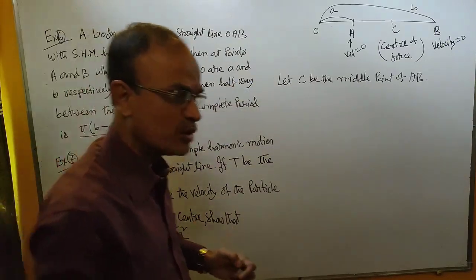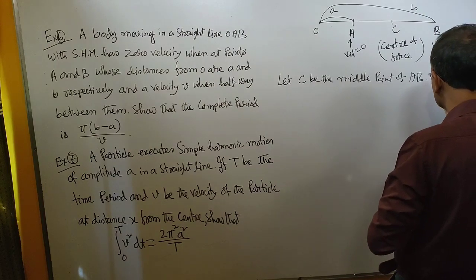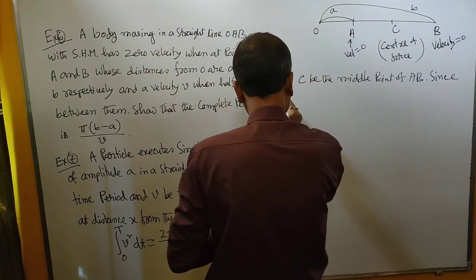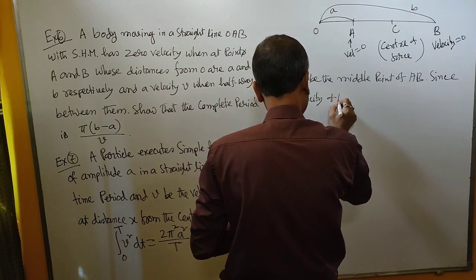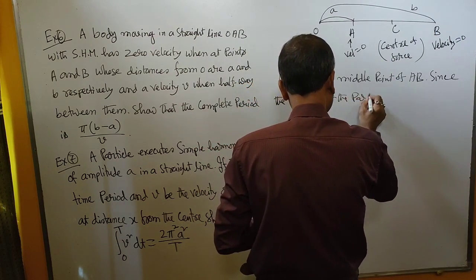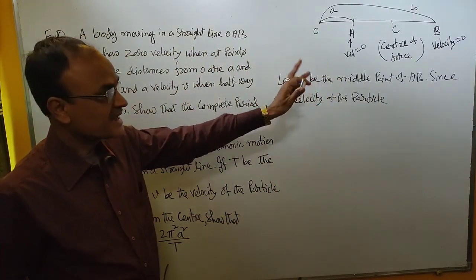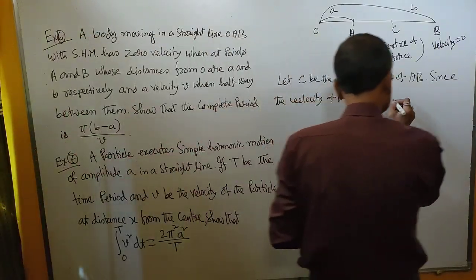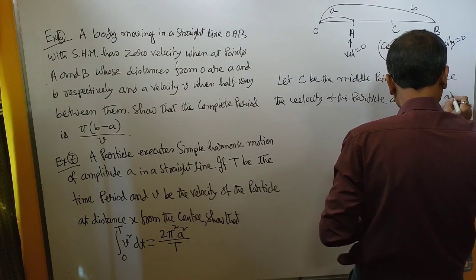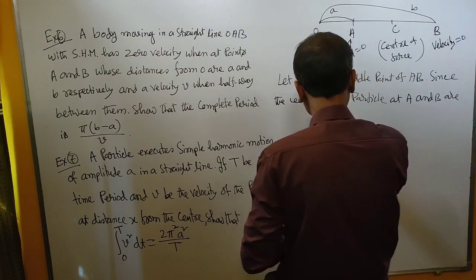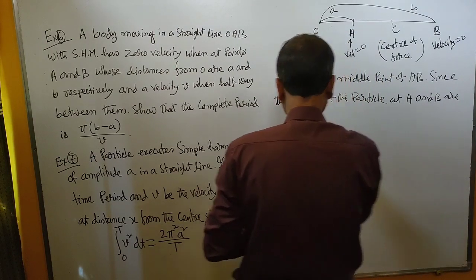Therefore, C is the center of force, since the velocities of the particle at A and B are 0.